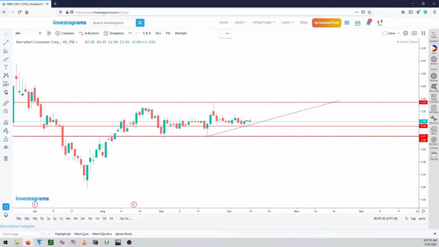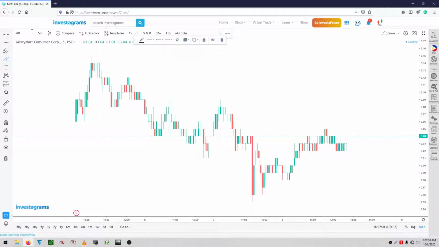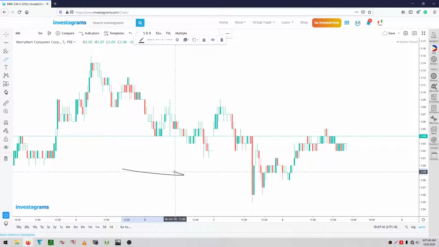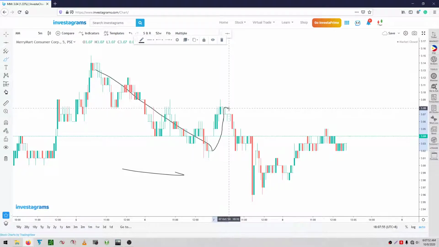So if we take a look at the 5 minutes, just to see quickly what happened. As I was discussing to you guys here, all sellers, where are the buyers? The buyers could not even get in, went down again, right?